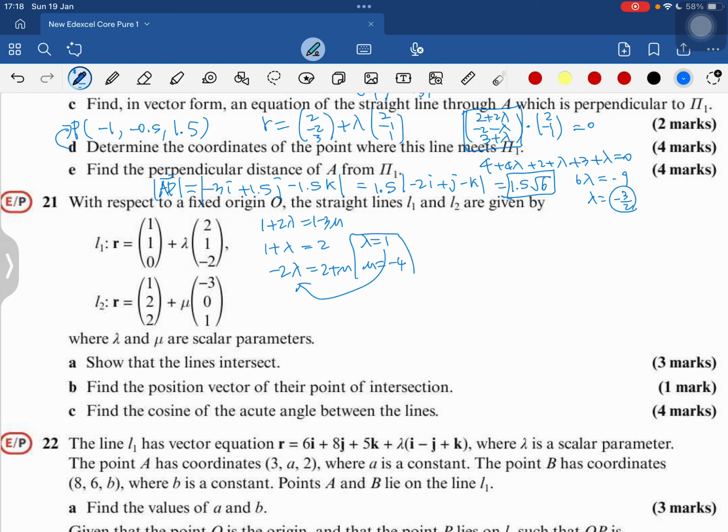Just now I used the second and third equations, so I need to verify this one. 1 plus 2 lambda equals 1 minus 3 mu. They don't meet.